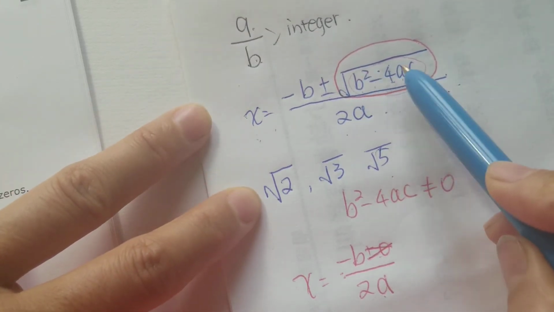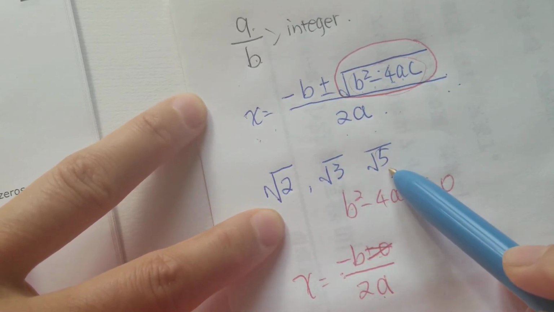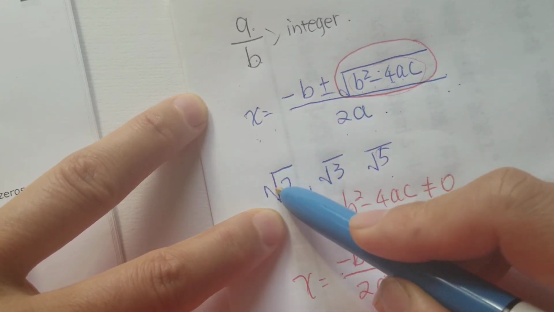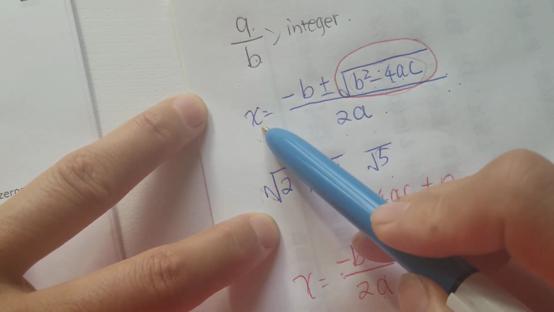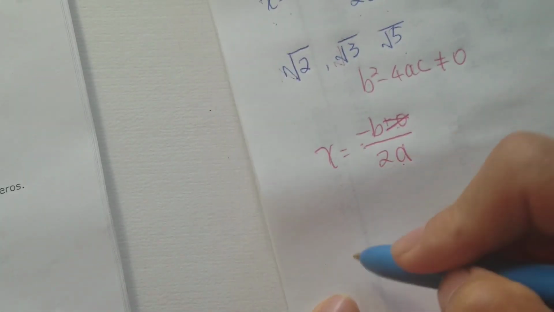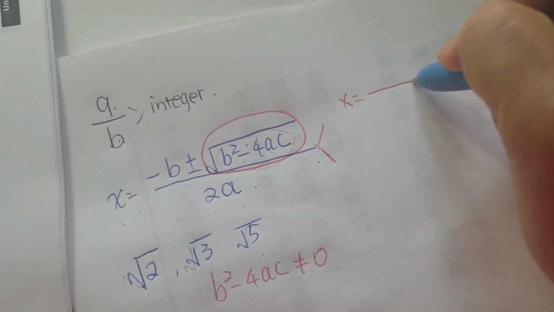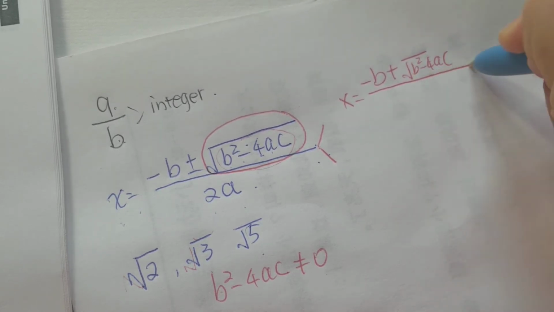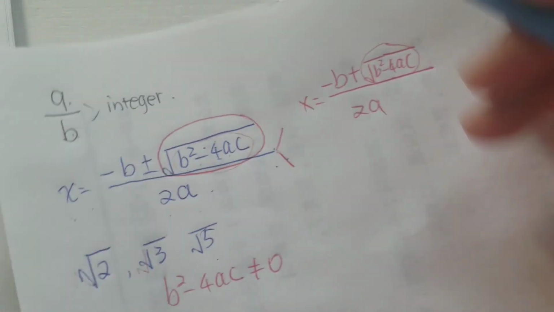If your b squared minus 4ac is a number which is not a perfect square, then you are going to get the square root sign involved for your final solution for x, which means one solution is going to be x equals negative b plus square root of b squared minus 4ac, because this is an irrational number.